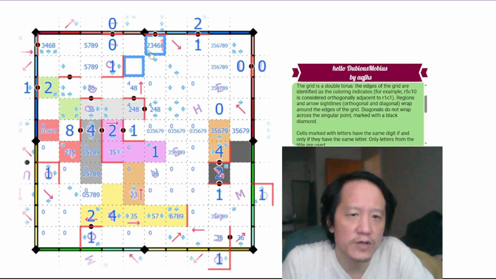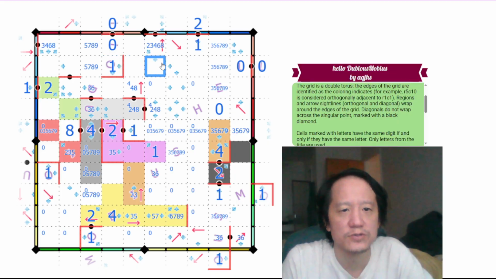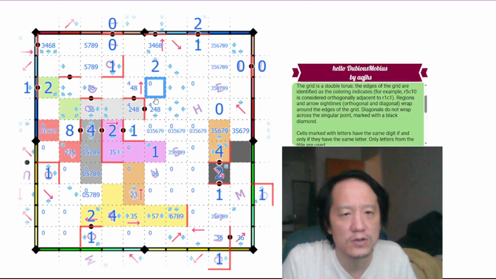Two of these have to be at least in the same. Oh, this is okay. This cannot be. This only sees 2 at most, and it can't be 0, 1. So this must be 2. So this cannot be 2 here. This is 3, 4, 6, or 8. This can't be 2 here. So these have to be the same region.